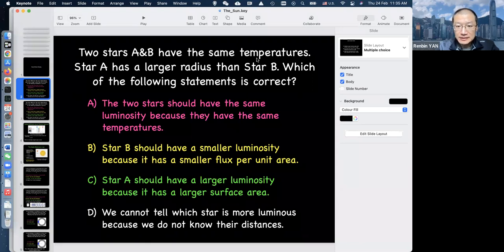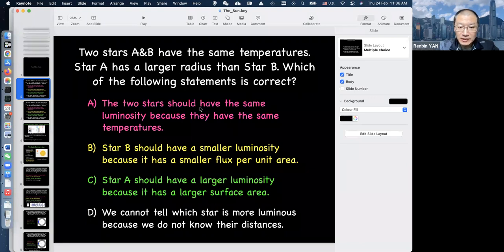So the intensity of light coming out of each square centimeter of the star is the same. But star A has a larger radius than star B, which means it has a larger surface area. If it has a larger surface area, then star A will have a larger luminosity.